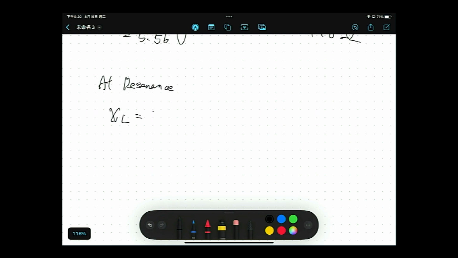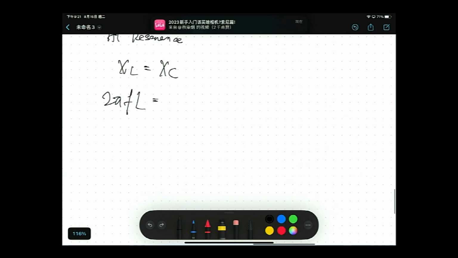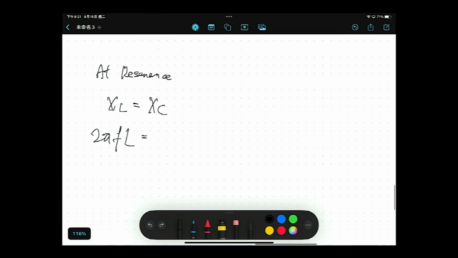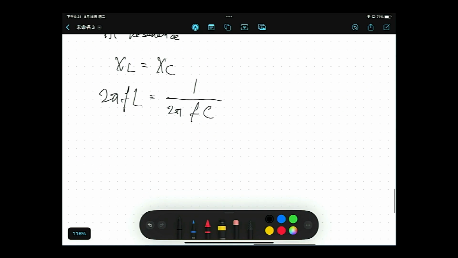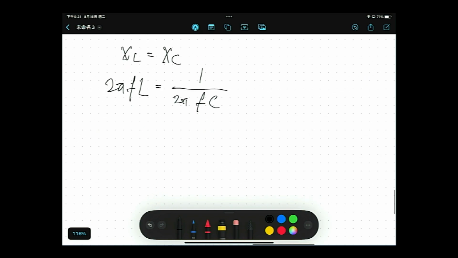So at the resonance point, XL equals XC, right? What is XL? XL is 2 pi FL, or we say omega L. It's the same, angular frequency, but I'm not going to talk too deep on it. XC is 1 over 2 pi FC, right? So what is the frequency point?